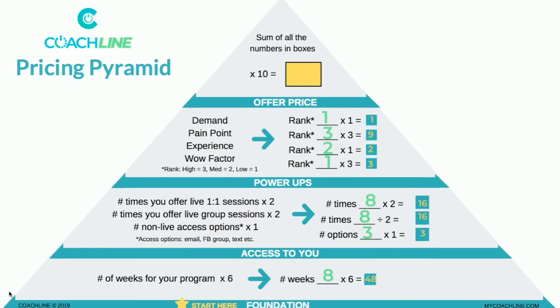And so what we're going to do now is we've completed our foundation, our base price. We've given our points for access to you, and we've completed our power-ups. So now we're going to add up all these numbers here, and I'm going to have to change these.